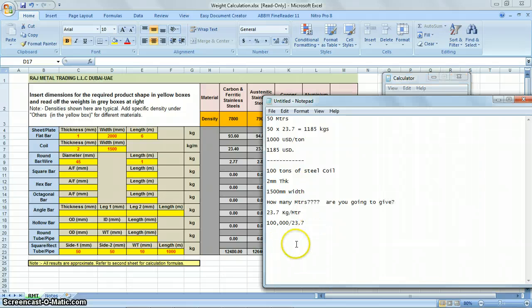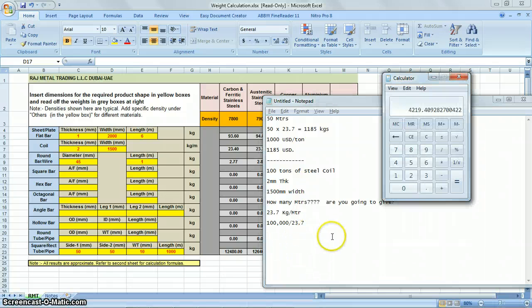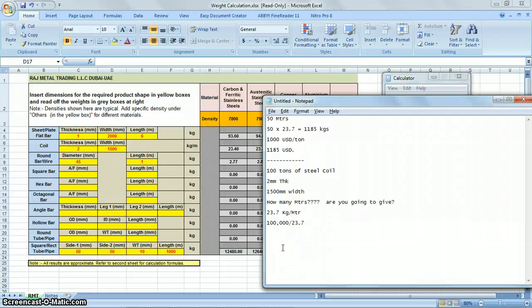So you'll basically give him 4219. So let's make it a round figure, 4220 meters. So you'll be offering him 4,220 meters. Okay.